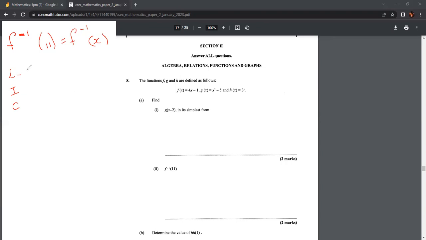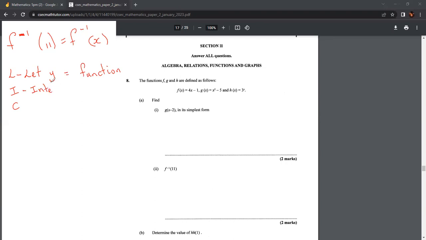So the first step is you are going to let y equal to the function. Next, we're going to interchange x and y.